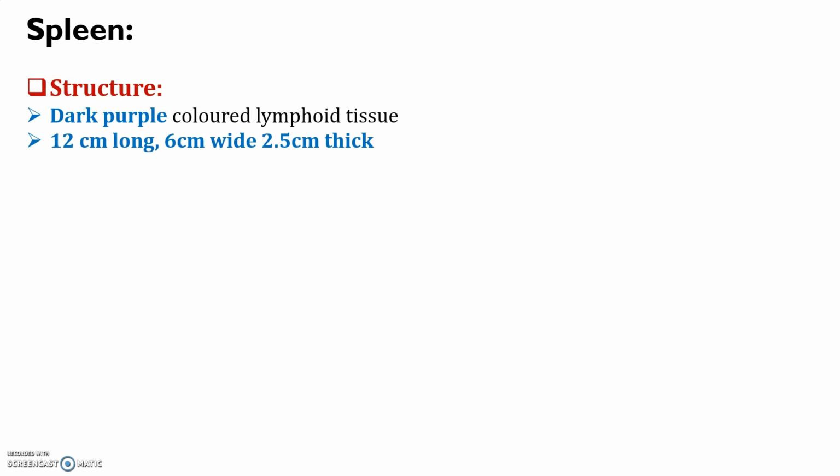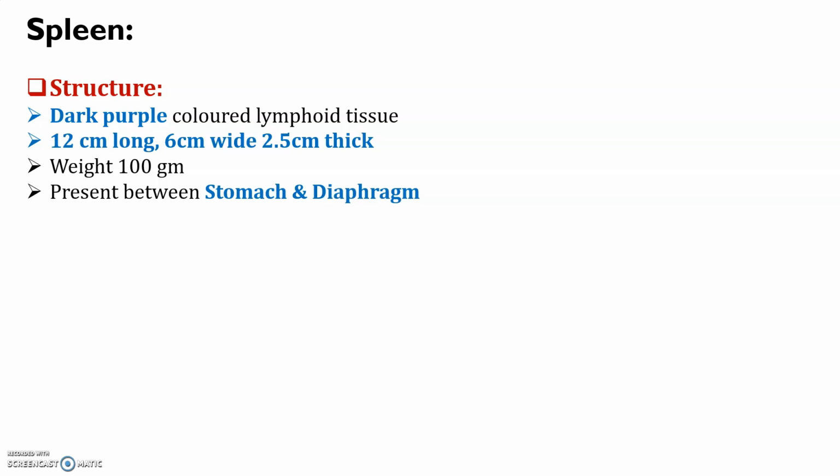Now the next point is, what is the spleen? This is another organ present as a component of the lymphatic system. What is the structure? It contains dark purple colored lymphoid tissue, 12 cm long, 6 cm wide and 2.5 cm thick, but the weight is 100 gram.